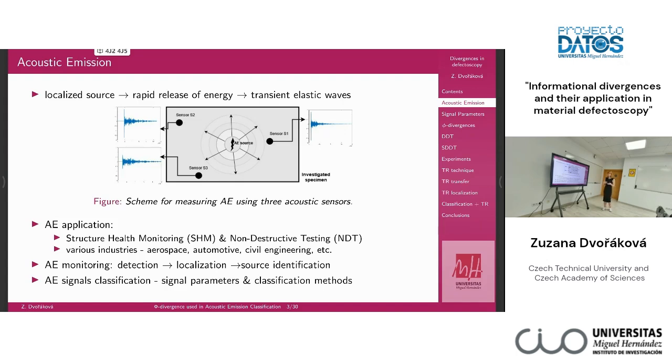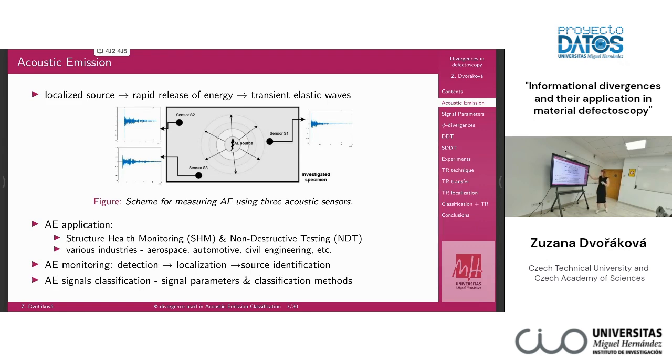It has various applications in industry, in aerospace, automotive, civil engineering, and for example in nuclear power plants and so on. The monitoring of acoustic emission signals consists of three main parts. Firstly, we have to detect the signals by means of sensors.